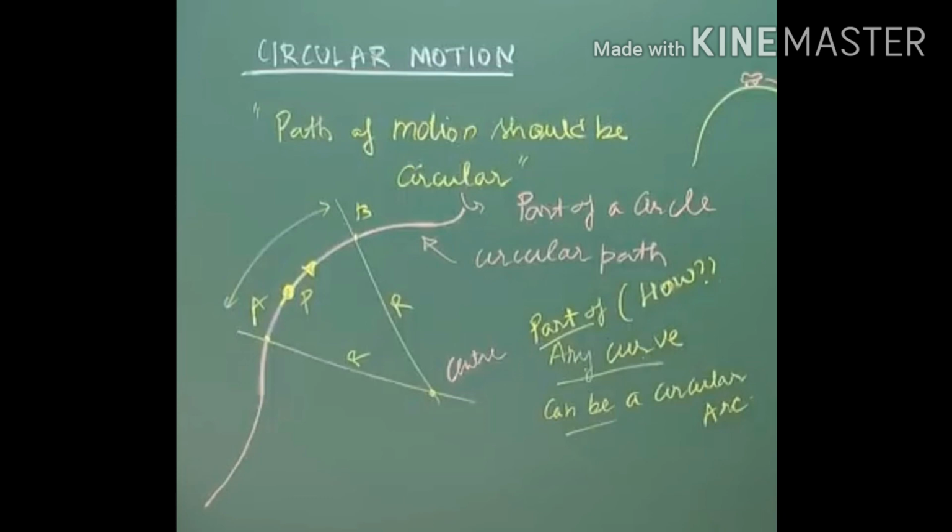Now, if I make it a full circumference, then I get a circular path, and that's how a circular motion turns out. And we have to remember another point: to get a circular motion, the reference point from where we are making the object move should cover equal distances. Then a circular path comes out, and that motion will be termed circular motion.